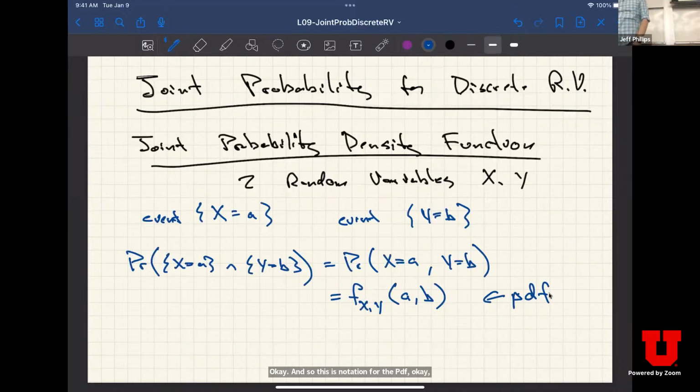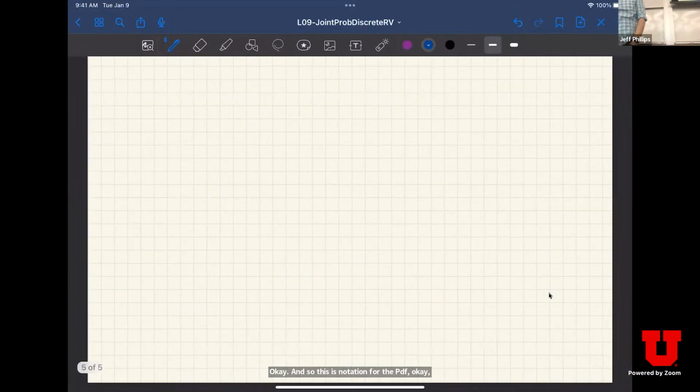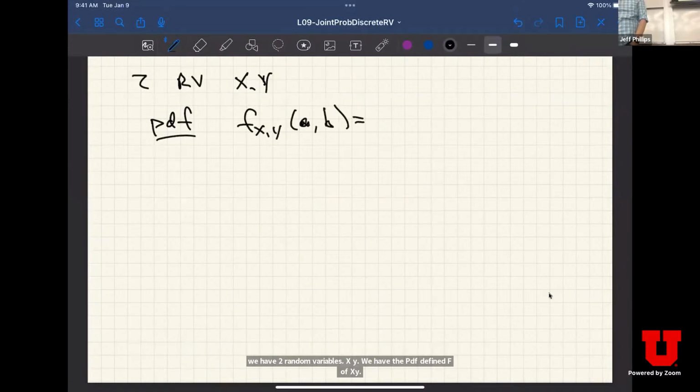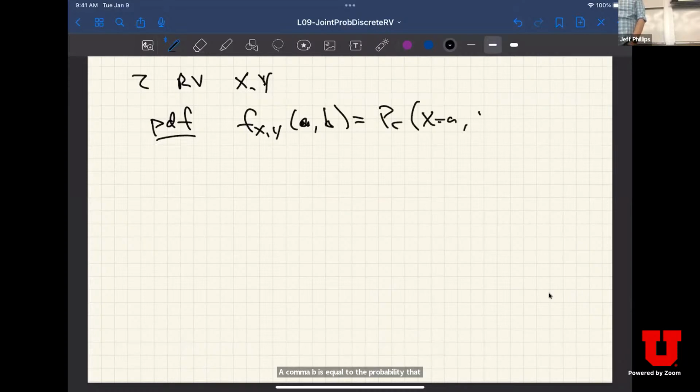Okay, so what properties do we have? So we have two random variables, X, Y. We have the PDF defined F of X, Y, A, comma, B is equal to the probability that X is equal to A, Y is equal to B. Okay, so what properties do we have about this?